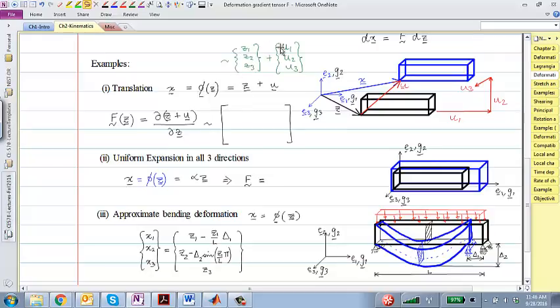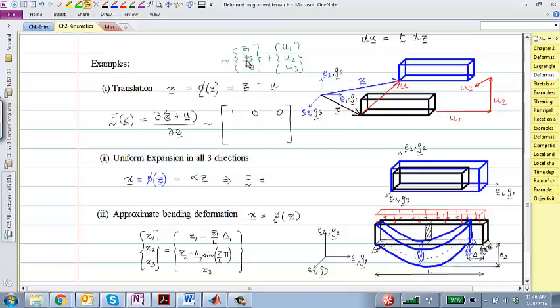So z1 plus u1, derivative with respect to z1, what is that? Okay, 1. That's the first term. z1 plus u1 derivative with respect to z2 is 0. Similarly, derivative with respect to z3 is 0.